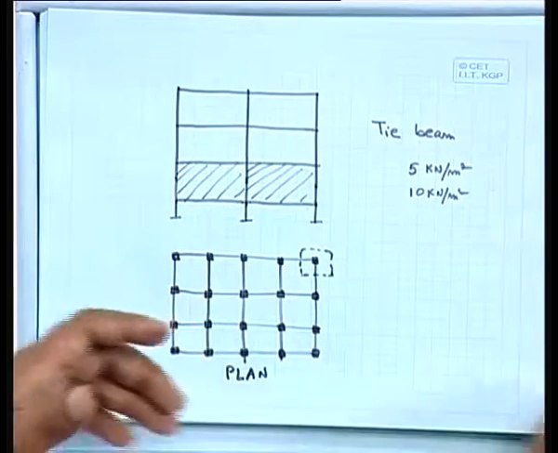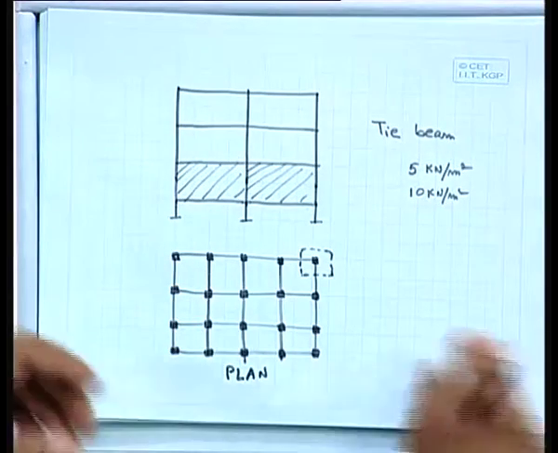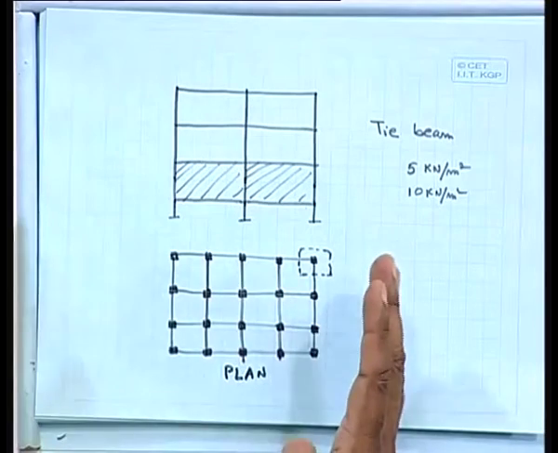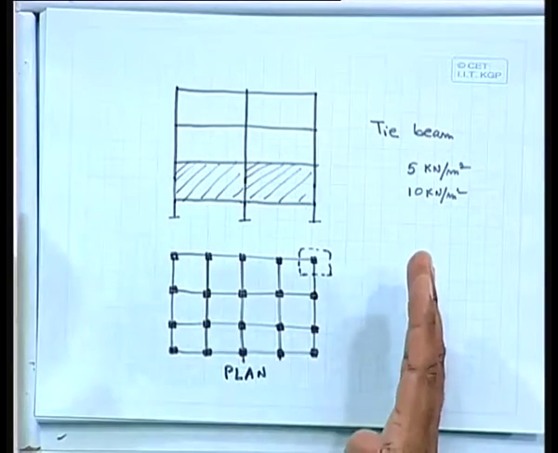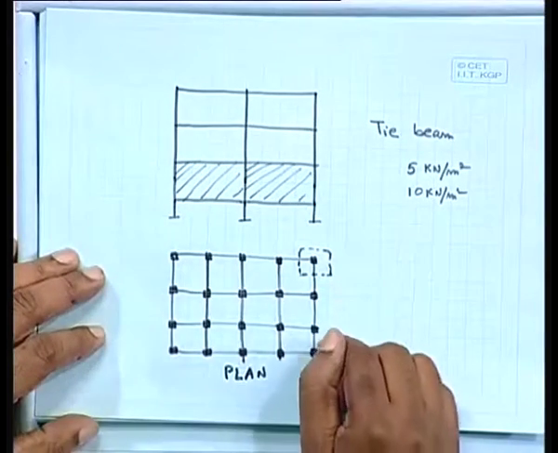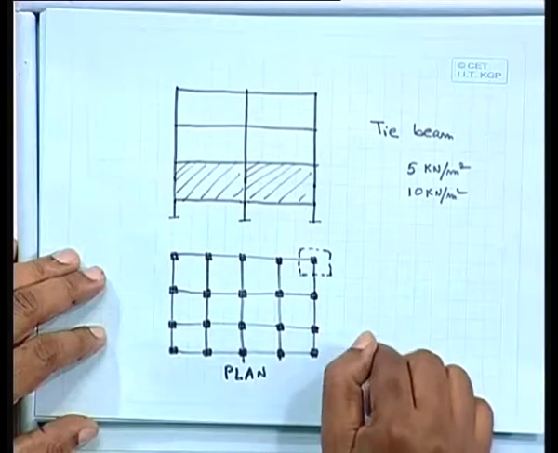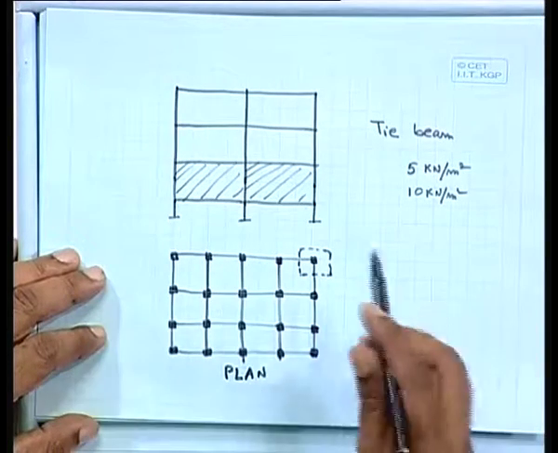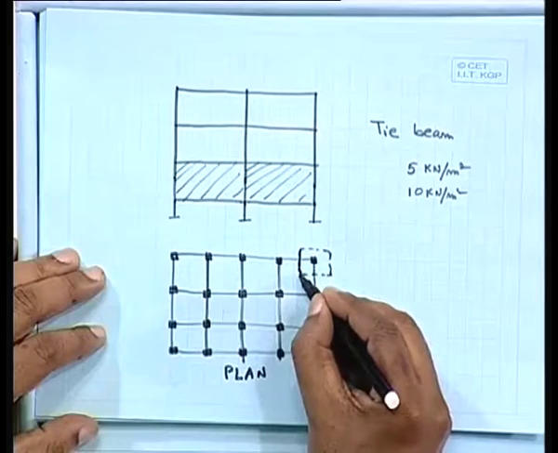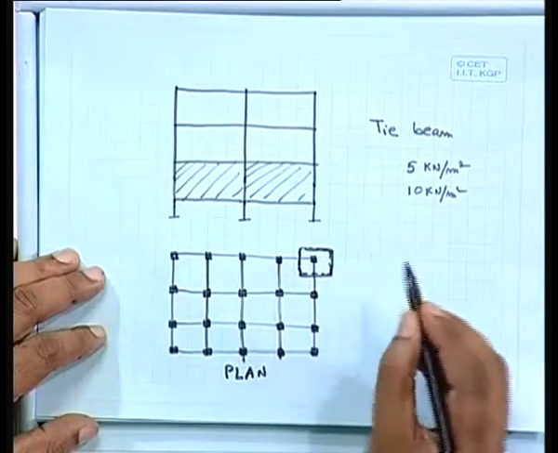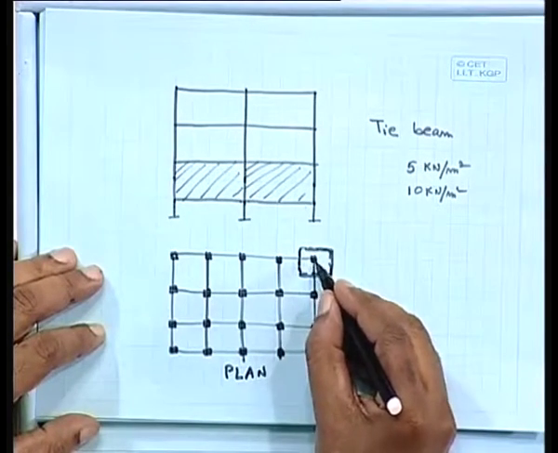Because the soil bearing capacity, how much load it can take, depends on whether it will pierce or not. If it is hard soil, if it is rock, then obviously it will not penetrate, otherwise it may penetrate. So you have to give certain dimension here also, and that we shall find out, and it is very simple.